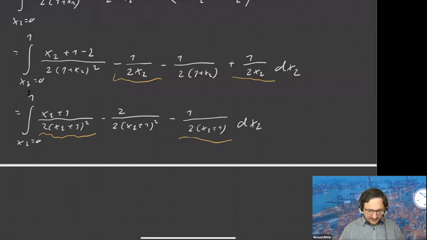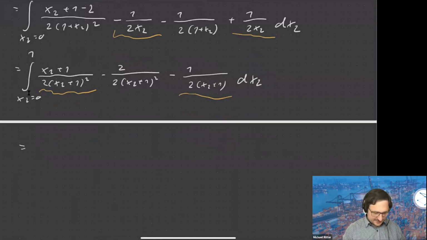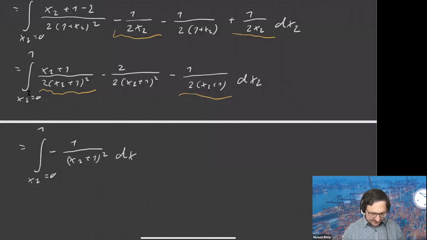Okay, so what I have left is the integral of x2 from 0 to 1. The 2's also cancel out. And that means I'm left with a minus 1 over x2 plus 1 squared dx2.